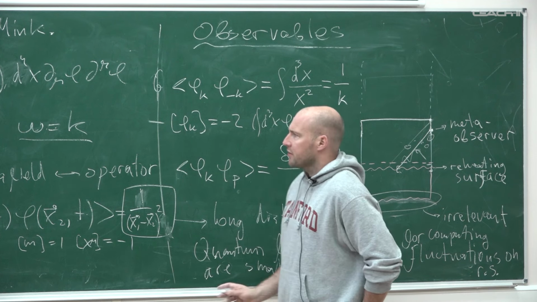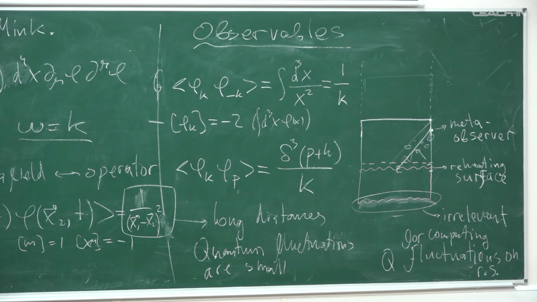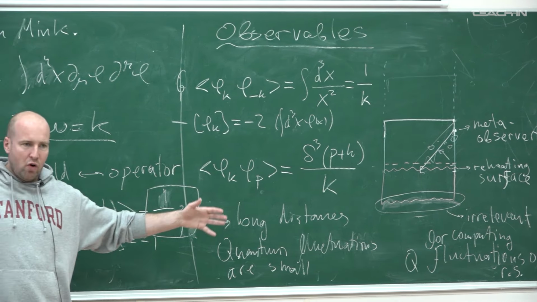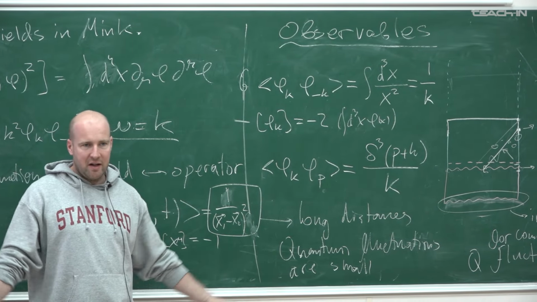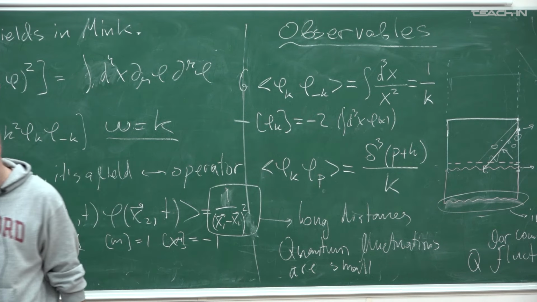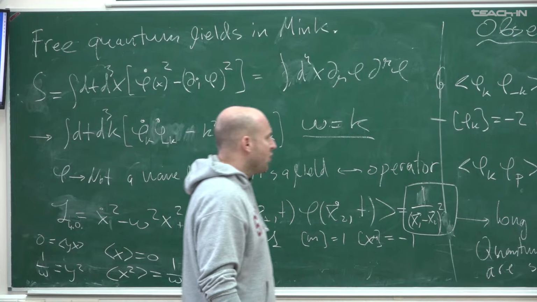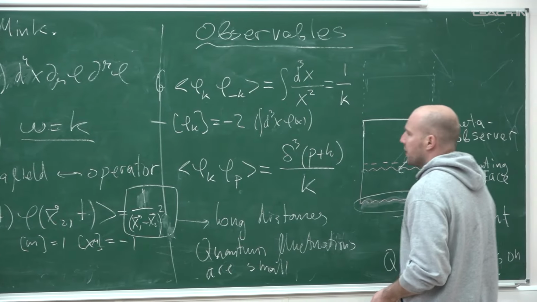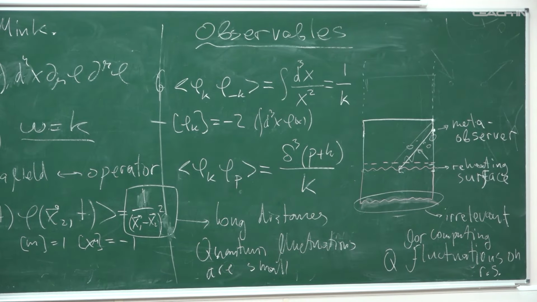We can repeat the same thing for the electromagnetic field or for any quantum field, and we'll get roughly the same answer, that these quantum fluctuations are small when we go to large distances. The decay here is like 1 over x squared. That's why we do not really care about them. So something very interesting will happen in a moment when we put our theory in de Sitter spacetime. Are there any questions about this?